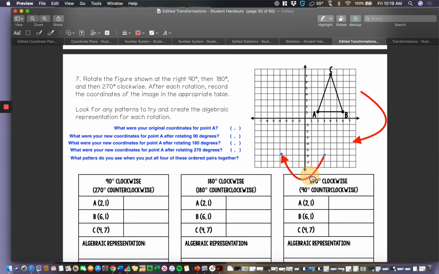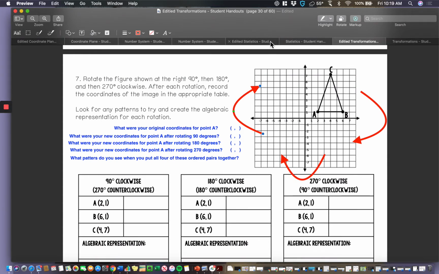So you take the figure and you're going to rotate it that way. And then the same thing on the other one. So that's the way we're going to be rotating it. Clockwise.